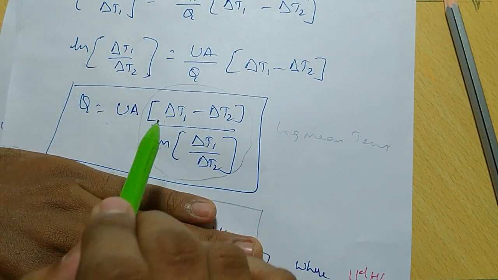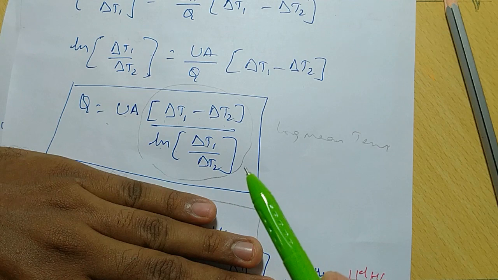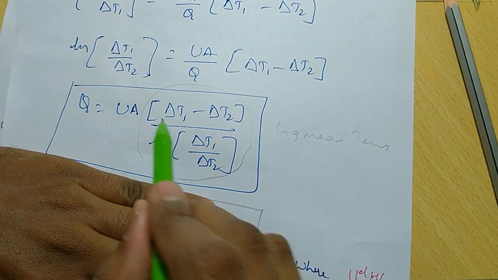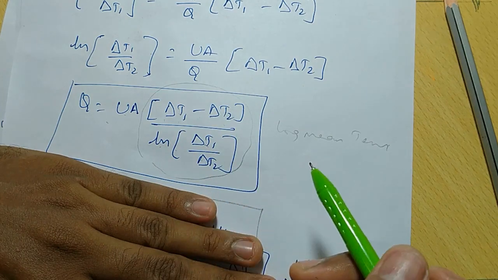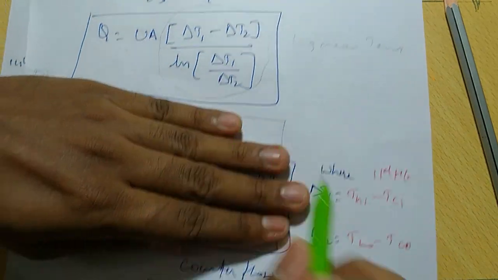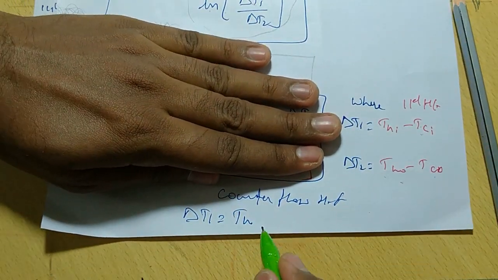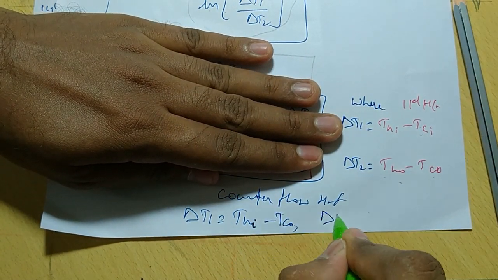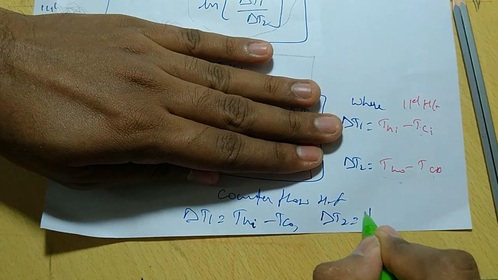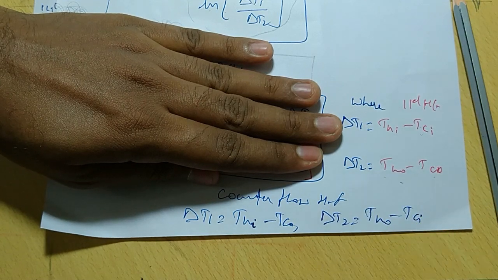You are using the same equation for both parallel flow and counterflow, but only delta T1 and delta T2 will vary. In the counterflow heat exchanger, delta T1 is THI minus TC naught, and delta T2 is TH naught minus TCI.